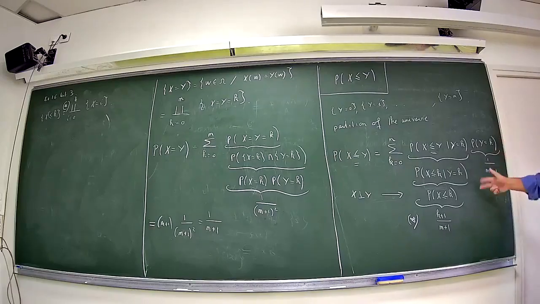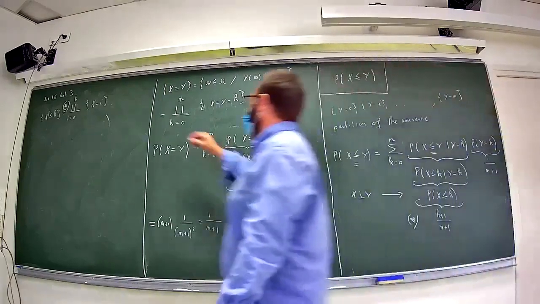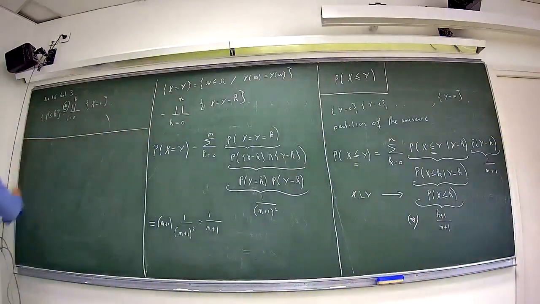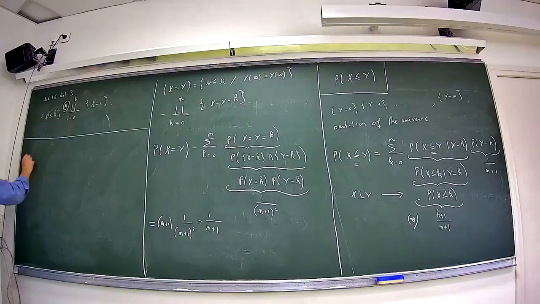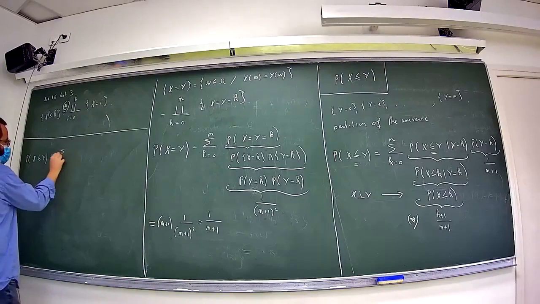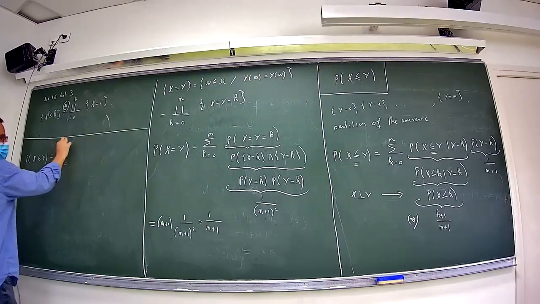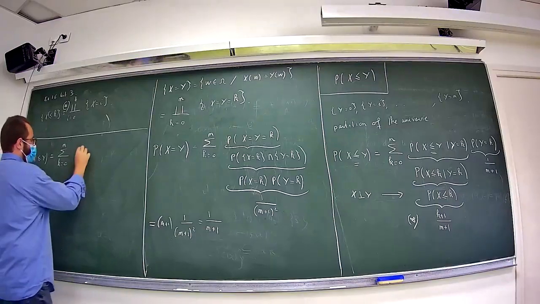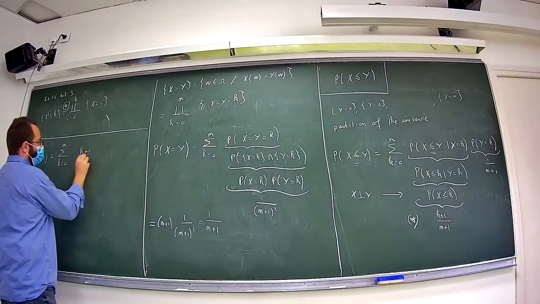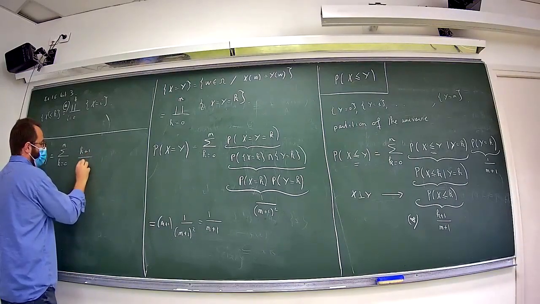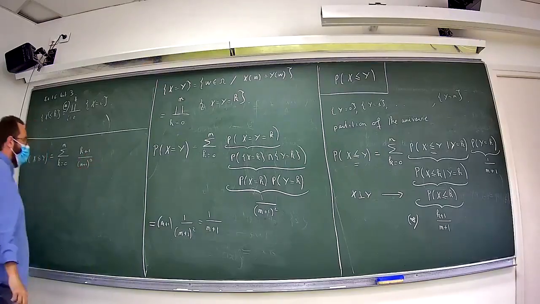So now the part concerning the probability is finished, but I have a sum to compute. I summarize what I have obtained: the probability that X is less than Y is equal to the sum from k equal to 0 to n of k plus 1 over n plus 1 squared.